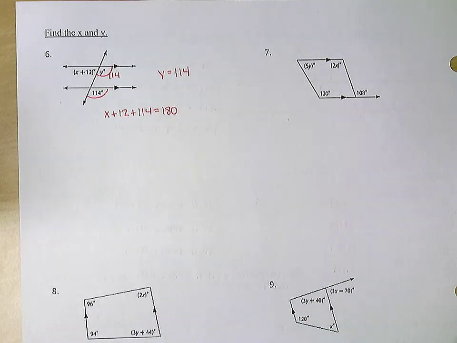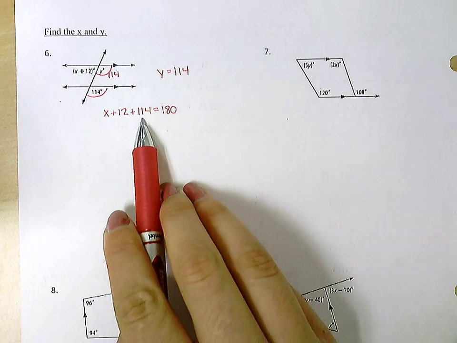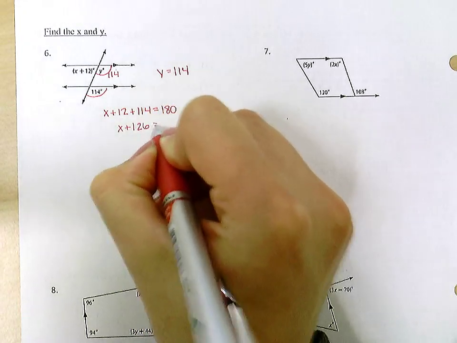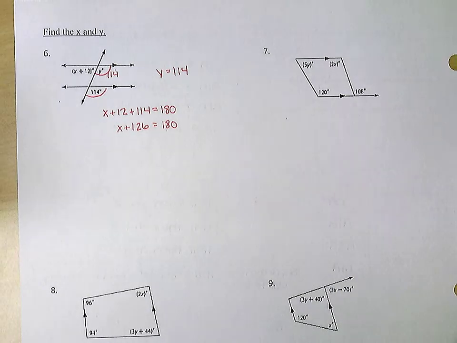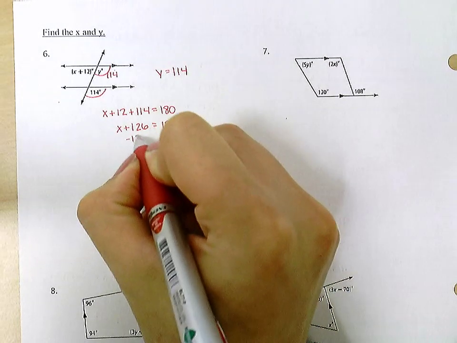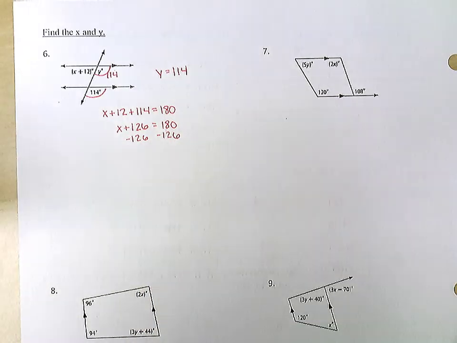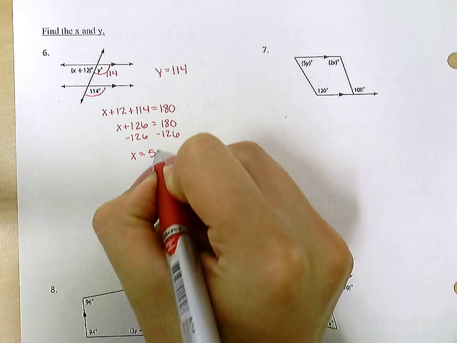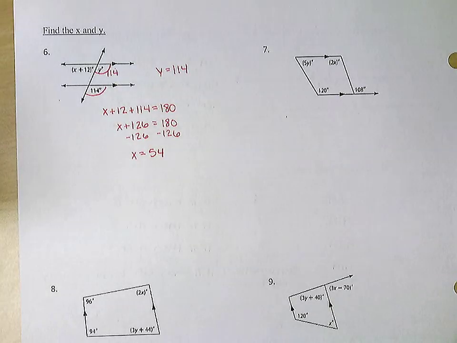Now, you can do this different ways. If you thought, well, I can take 180 and subtract 114 and then set that equal to x plus 12, that's right too. That's the same thing. So from here, I can combine 114 and 12, and then subtract that 126, to get x is 54.